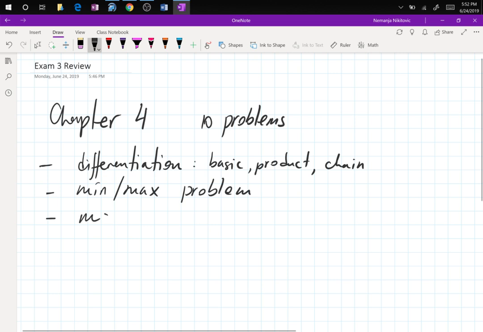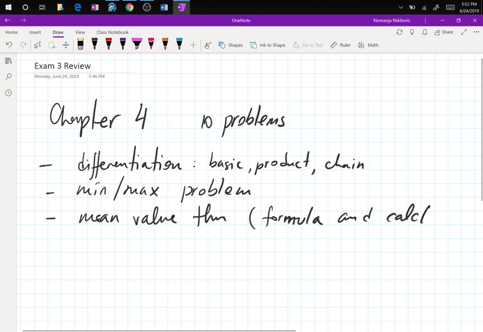Mean value theorem. So, formula and calculation. Then we have first derivative test plus conclusion.